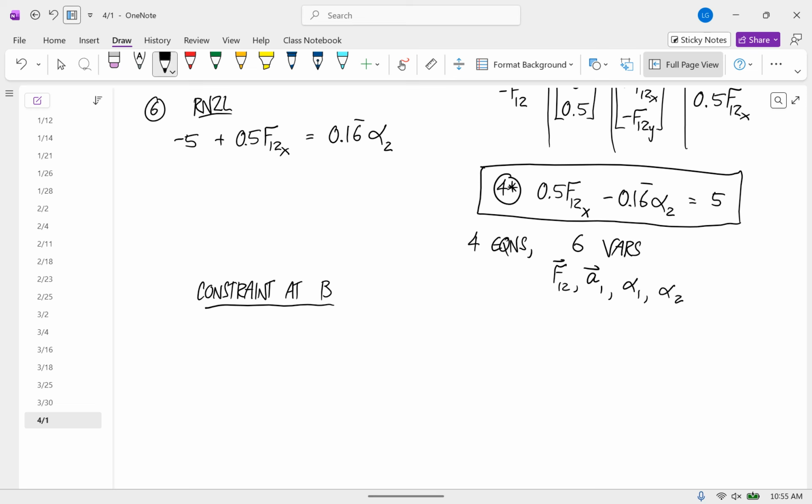How many equations is that going to give us? 2, because it's an x and y component. Notice that that's exactly as many equations as we need for our equations to catch up with our variables. So we need 2 constraint equations.